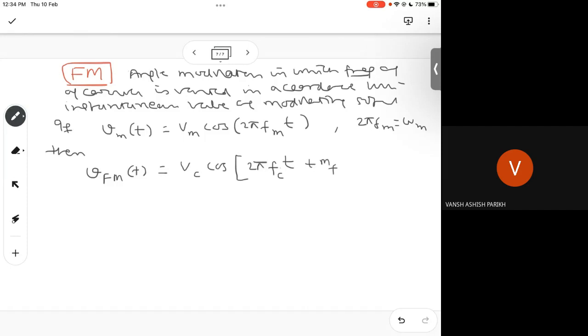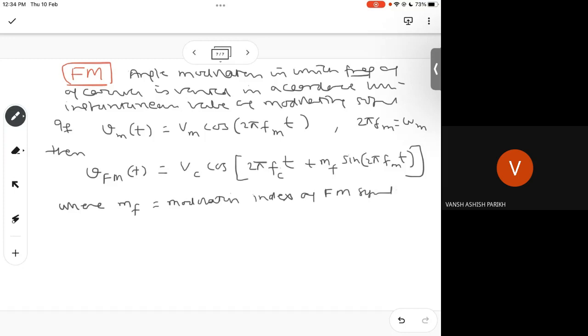Just like we have a modulation index for AM, here also we define mf as the modulation index, because that is important: how much I am modulating the signal. So here also depth is important. On the same line as we did for amplitude modulation, this is the modulation index of the FM signal.